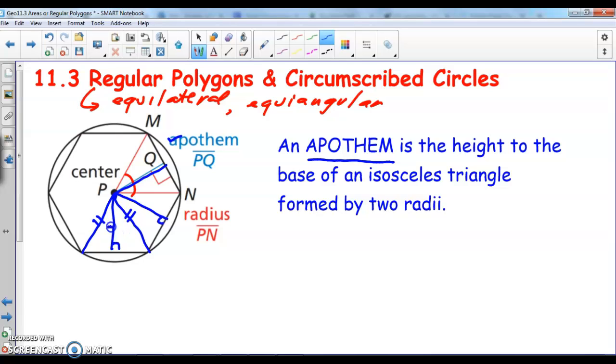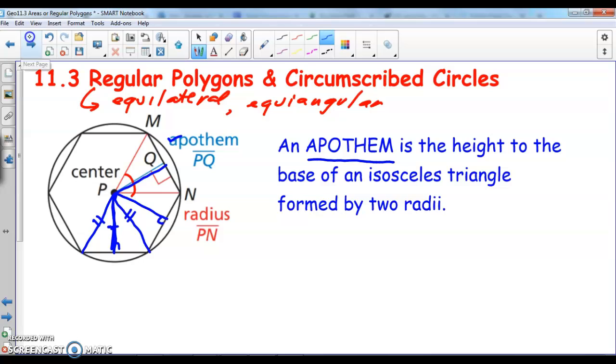So by HL congruence, these two isosceles right triangles are congruent. So this segment here is your apothem. It's the height of one isosceles triangle.